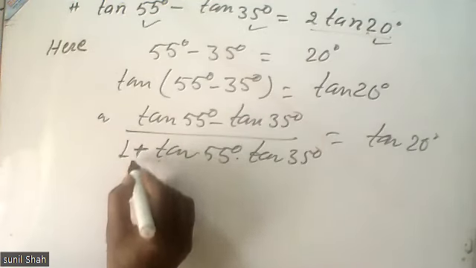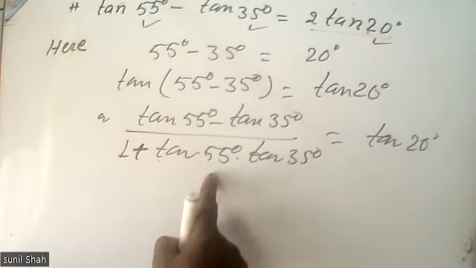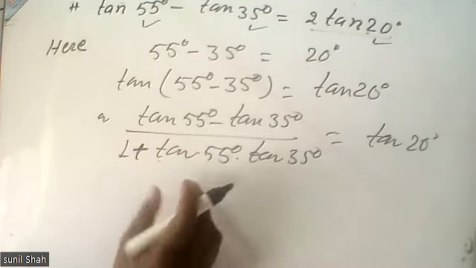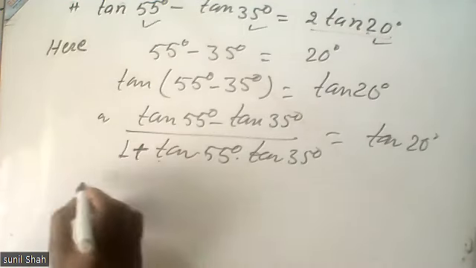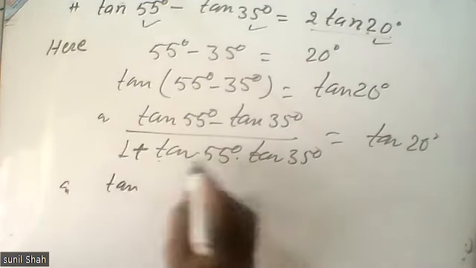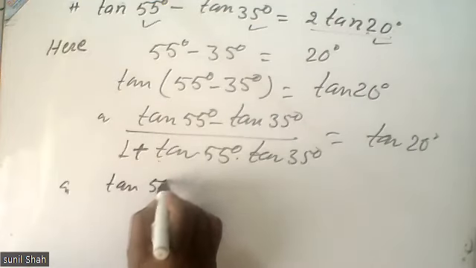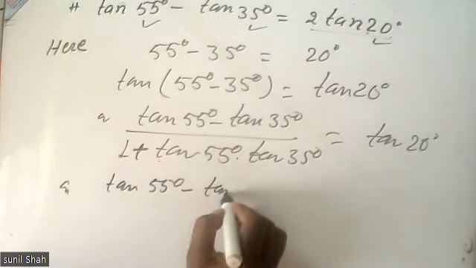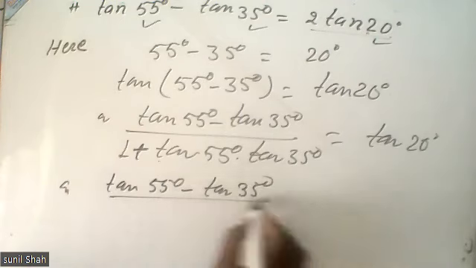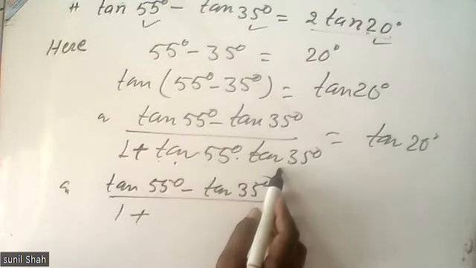When tan comes in this form of two angles whose sum is 90, then the product is 1. Or we can change this using the cast formula, one term into another term. That comes under cot. Tan 55 minus tan 35 over 1 plus tan 55, change this into cot or this into cot.